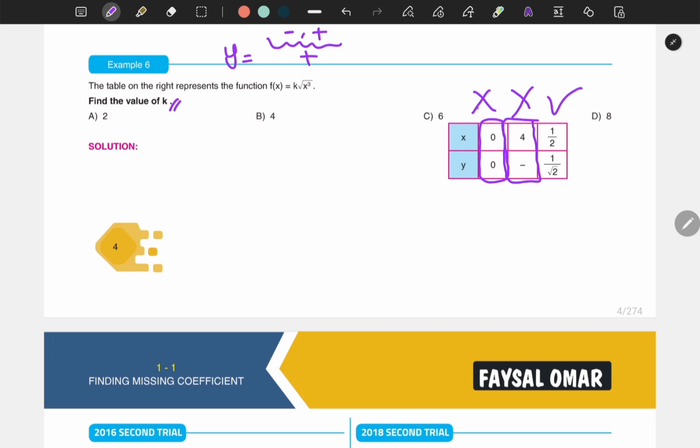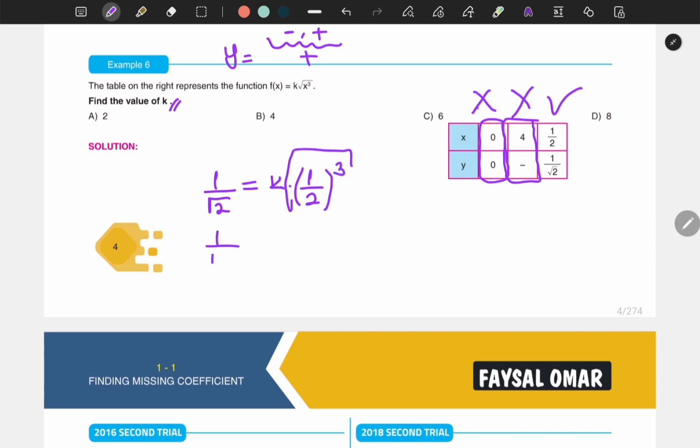Let me replace. In y, I will replace: 1 over root 2 equal to k times, and in x, 1 over 2 to the power of 3 in a radical expression.